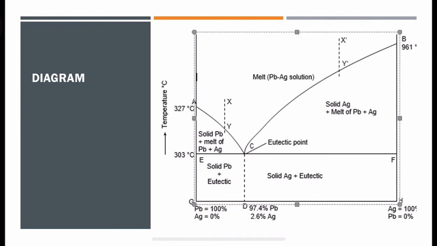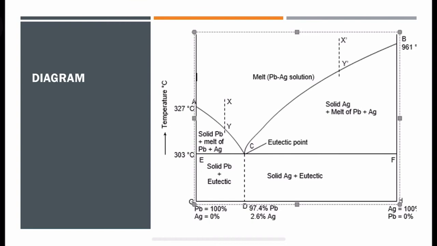When we move further, the concentration of lead decreases to point C, and on the other side, as we move, the concentration of silver decreases to point C, right?